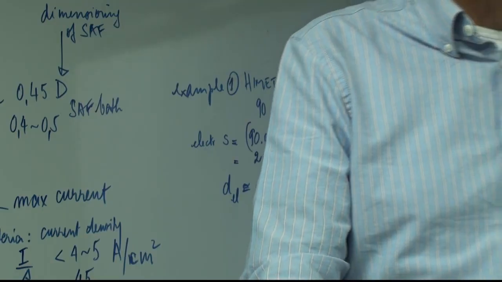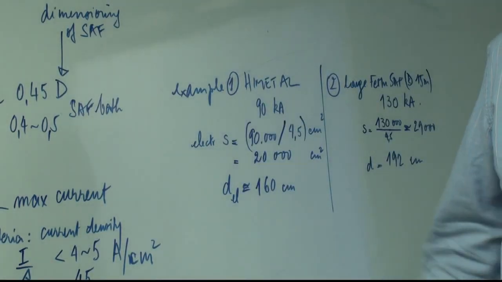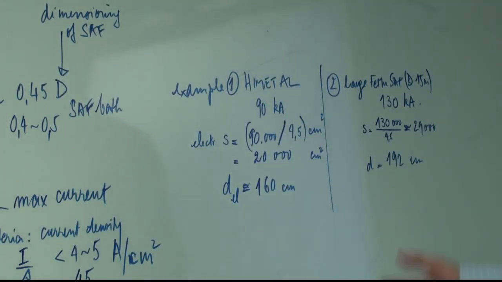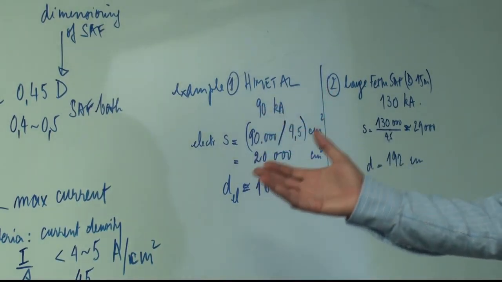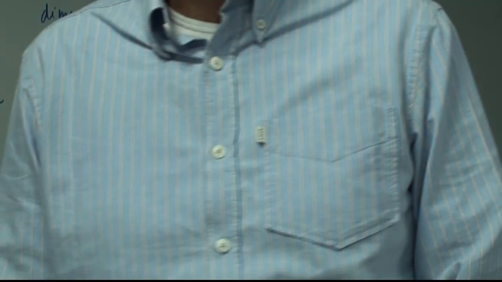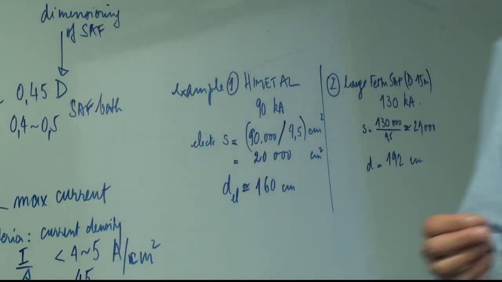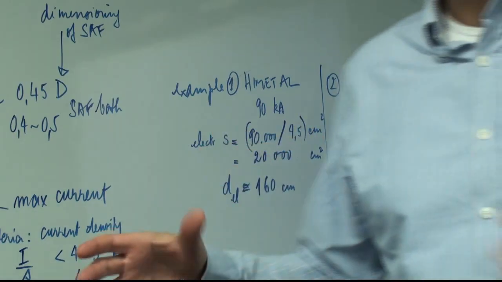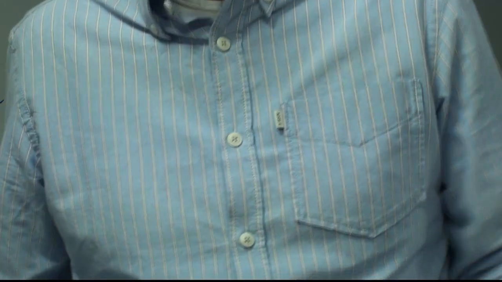Yes, I think so. But for the design, you must take this, because the rest is proper operation. You cannot say I will make it bigger to compensate bad operation.